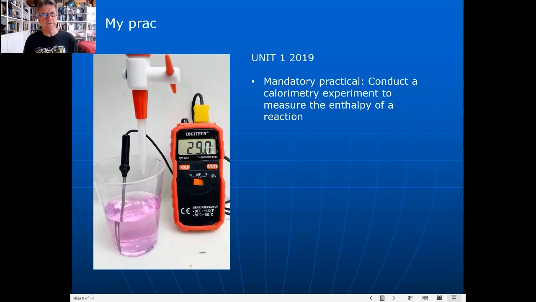Back in Unit 1, now I was talking about Unit 3 material there before. Going back into Unit 1, which for most schools is the first part of Year 11, there was a mandatory prac about doing calorimetry to measure the enthalpy of a reaction. Now most schools would do the sodium hydroxide and hydrochloric acid one, comparing solid sodium hydroxide with an aqueous solution and so on.